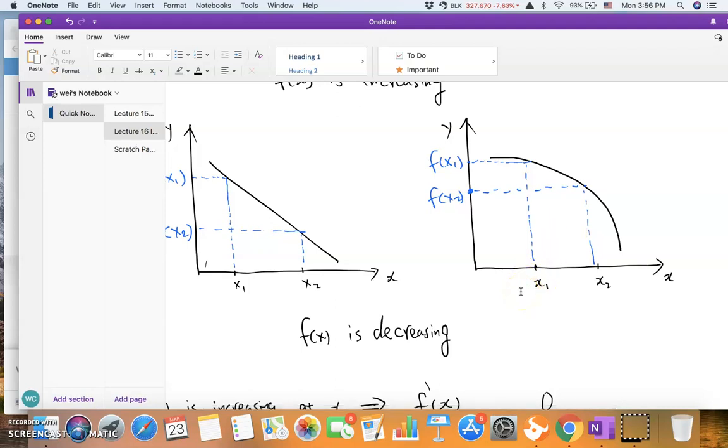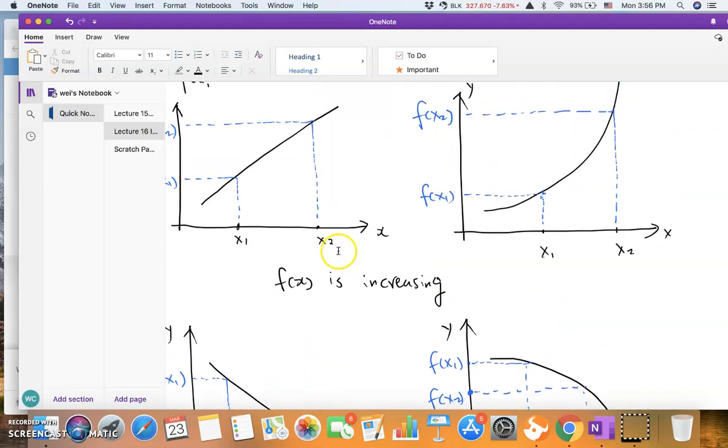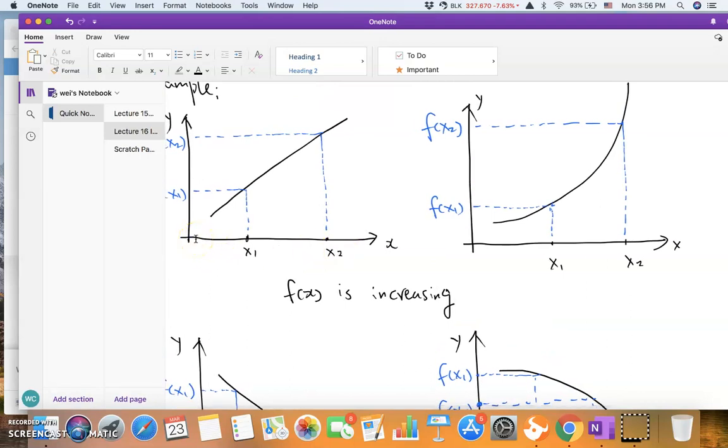Okay, now an informal way to think of the definition of increasing and decreasing function is: when we trace on the x-axis from the left to the right, if the graph goes up from the left to the right, then the function is increasing.